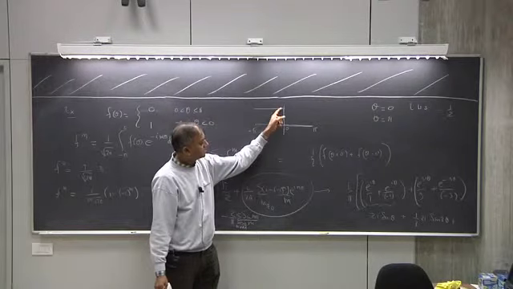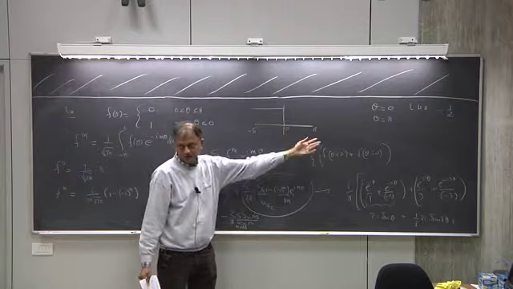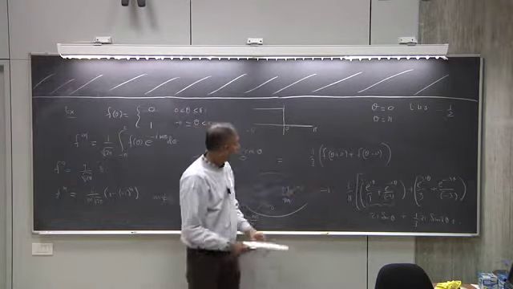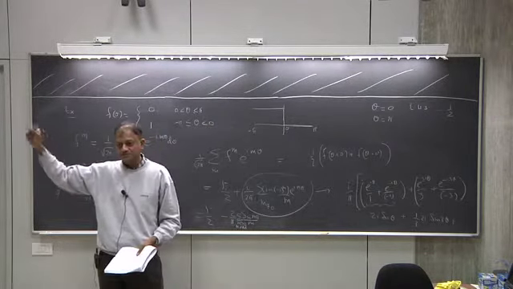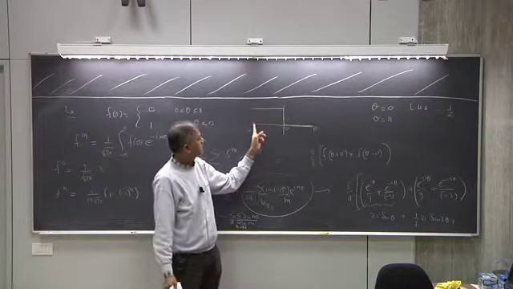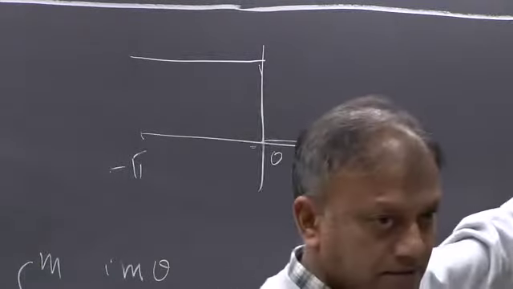As you come from here, the limiting value is 1. So 1 plus 0 divided by 2 is 1/2. Same way at theta equal to pi, the relation was 1/2 of f pi plus f minus pi. So f of pi is 0, f of minus pi is 1. Again, the average is half. So this indeed agrees.